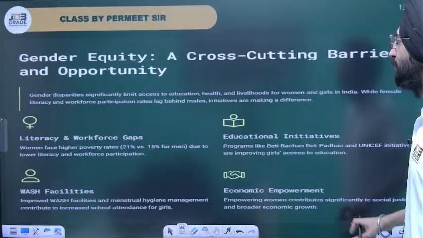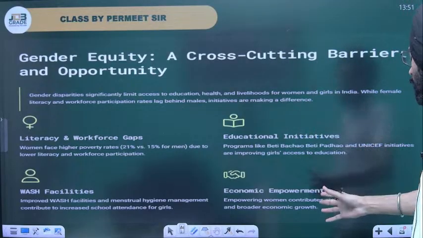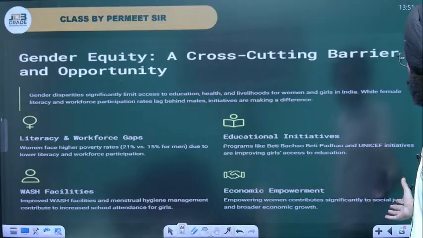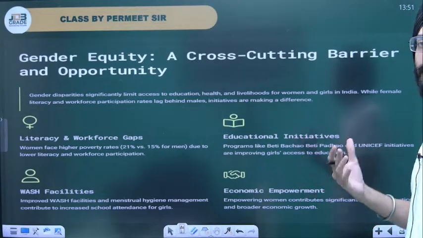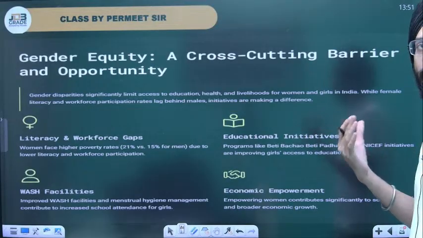So again, gender equity is a cross-cutting barrier and opportunity. There is economic empowerment. Empowering women contributes significantly to social justice and broader economic growth. We have less representation of women in CEO or managerial positions.